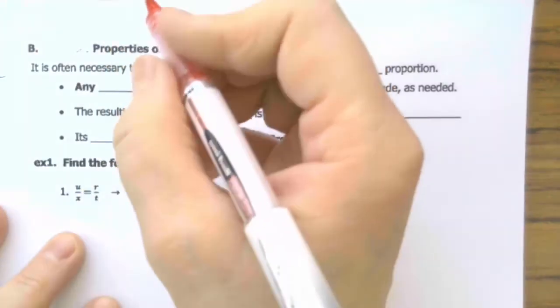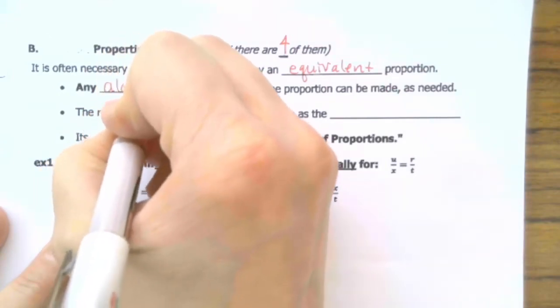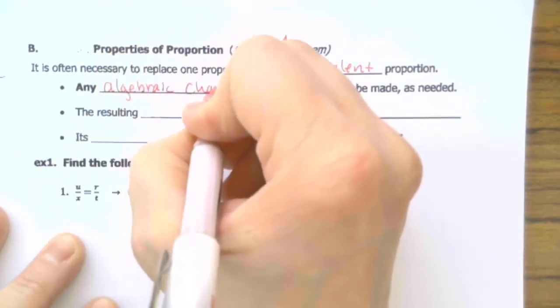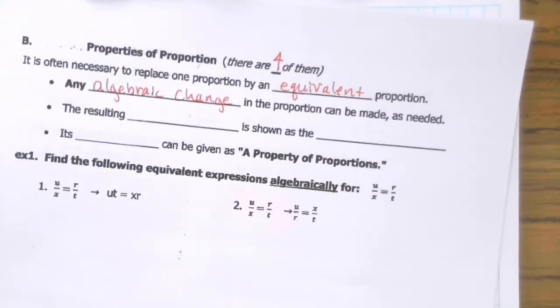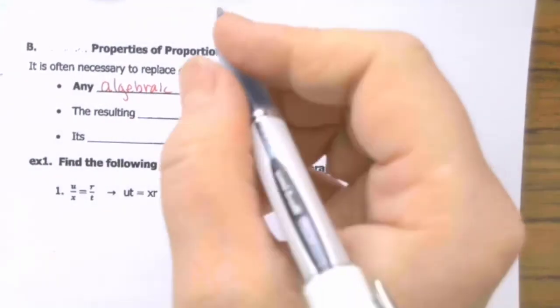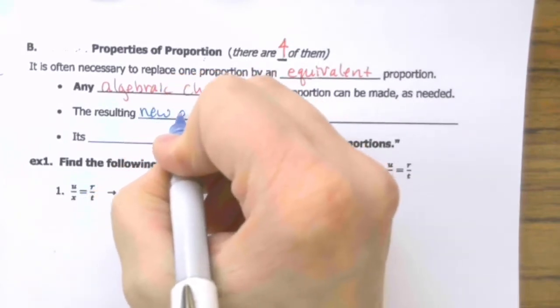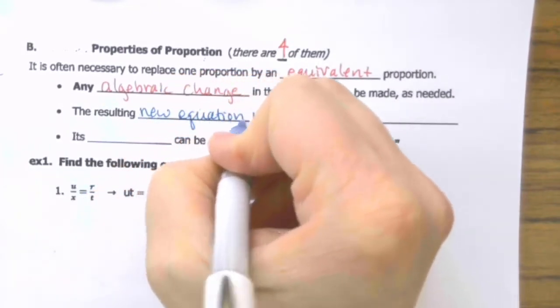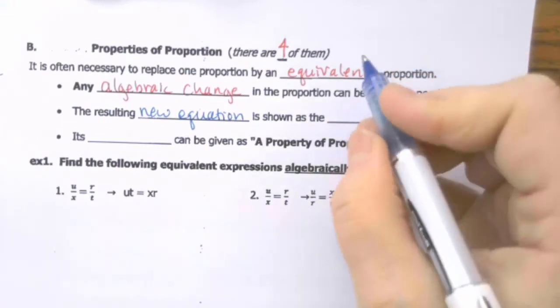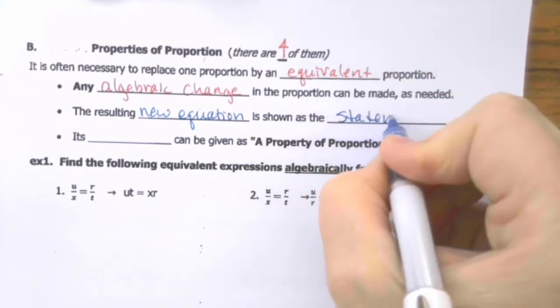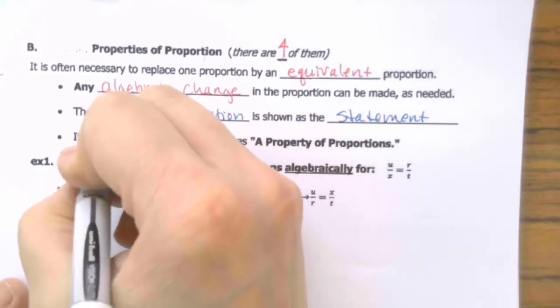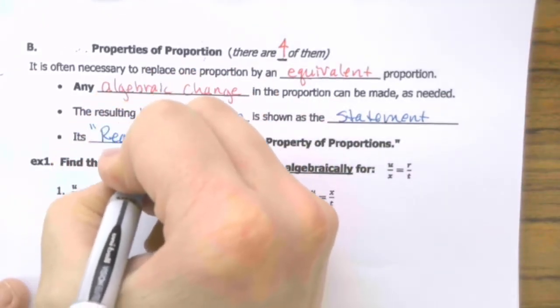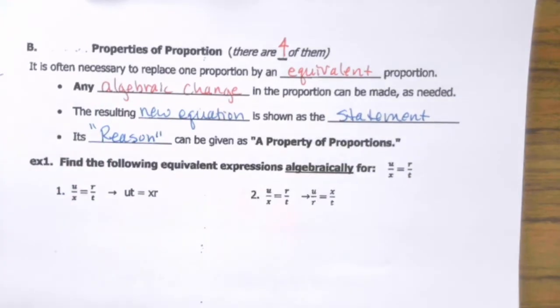So any algebraic change in the proportion can be made as needed. The resulting new equation is shown as the statement. And the statement has a reason, so its reason can be given as a property of proportions.